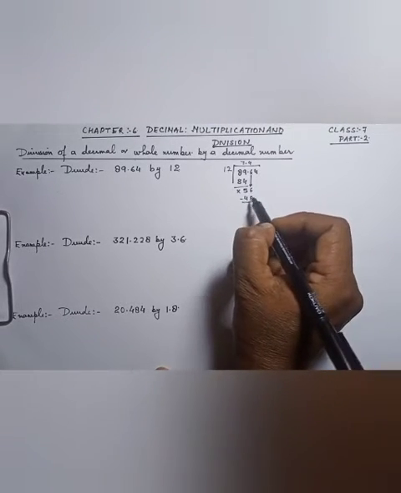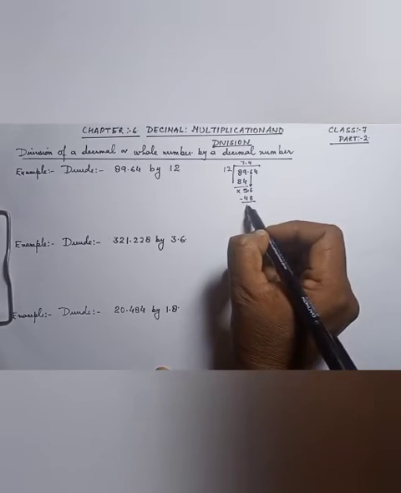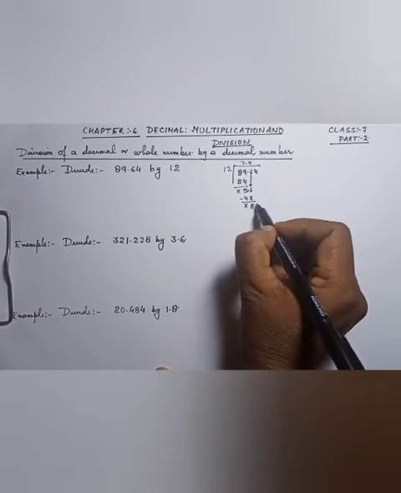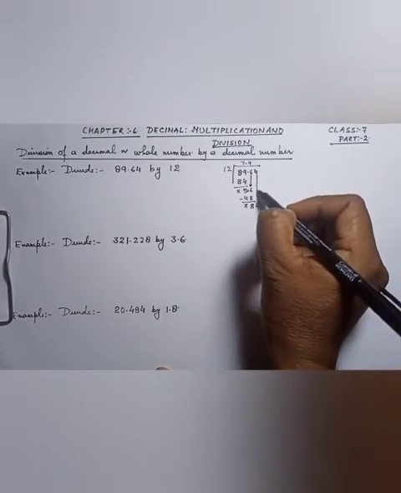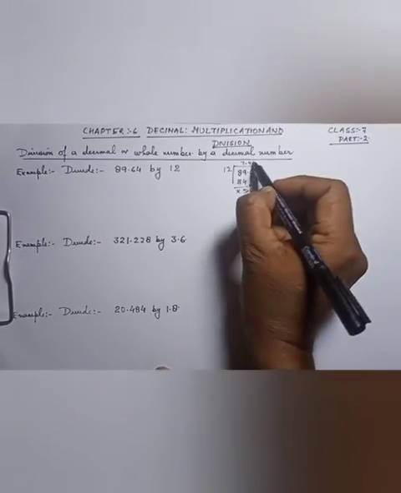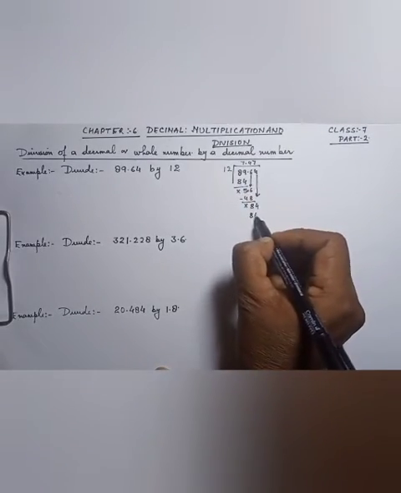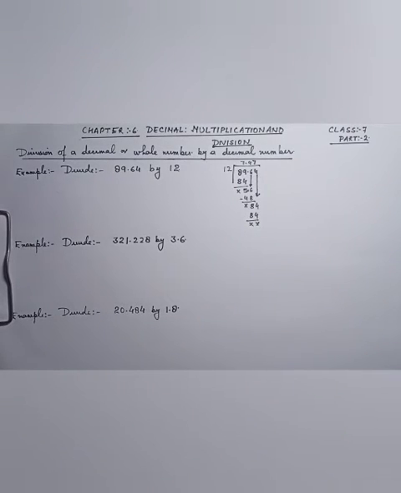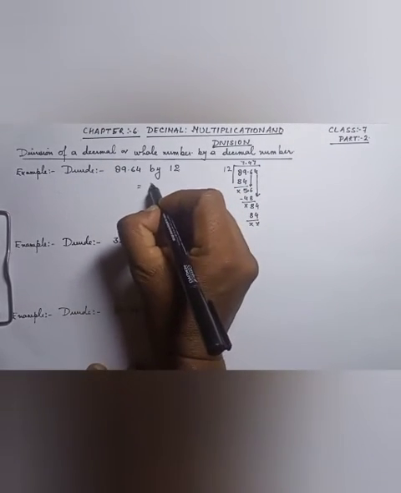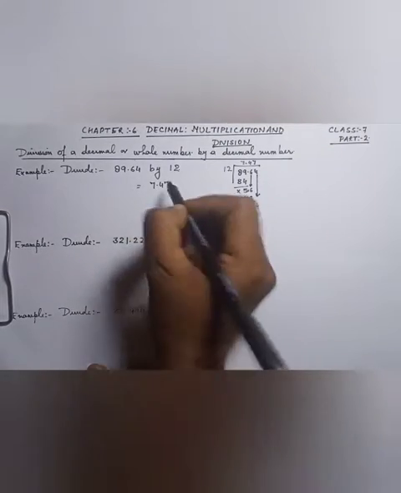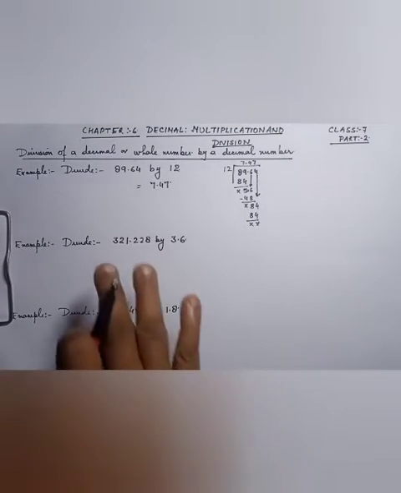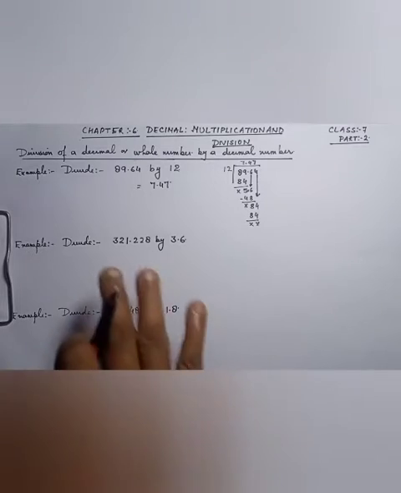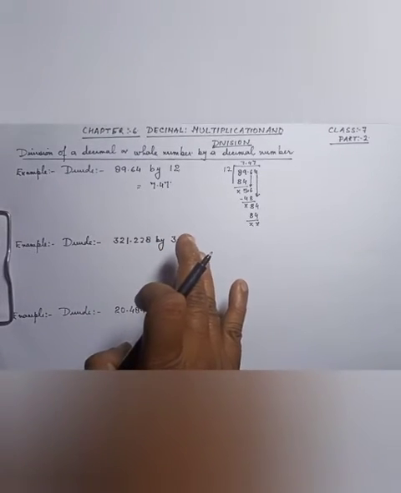Now 6 is less than 8, so we take a carry, so 8. Again I am going to bring down this 4. 12 sevens are 84. Now we cannot divide further, so the answer is 7.47.